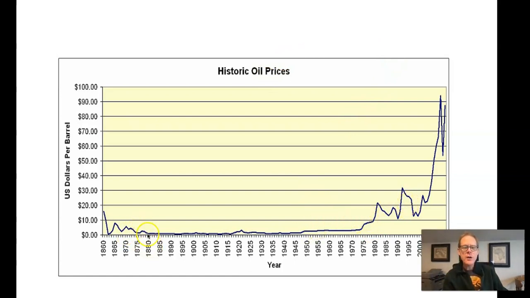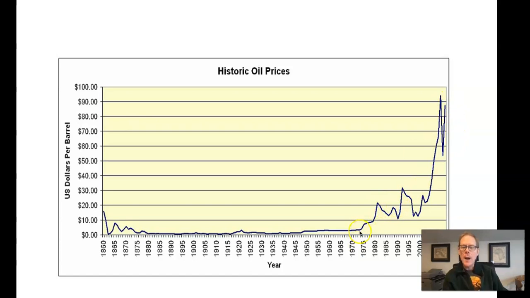You may not know, historically, oil prices have been pretty low. We see here from 1880 to 1950, prices are hovering around $2 or $3 a barrel. This is US dollars per barrel. And it doesn't go up much. 1955, 60, 65, 70, 75, and then boom, right?